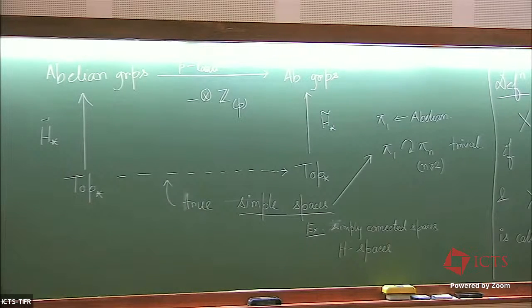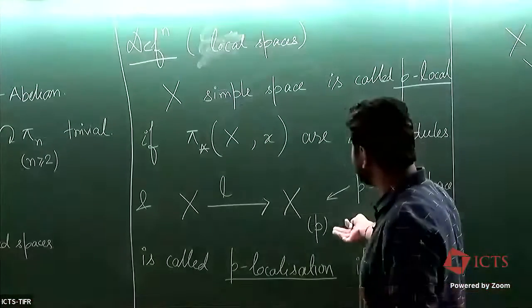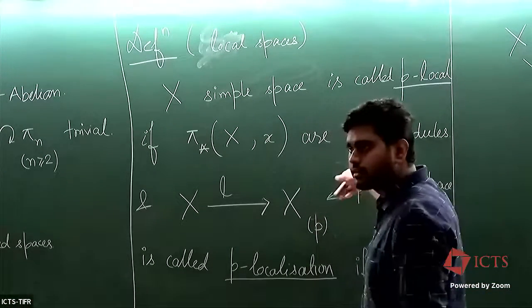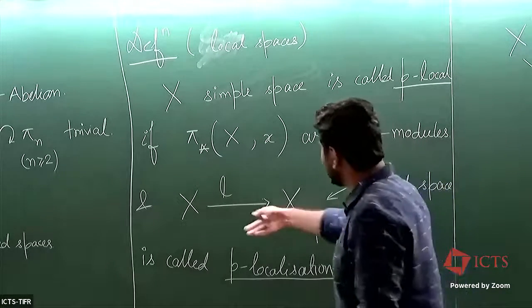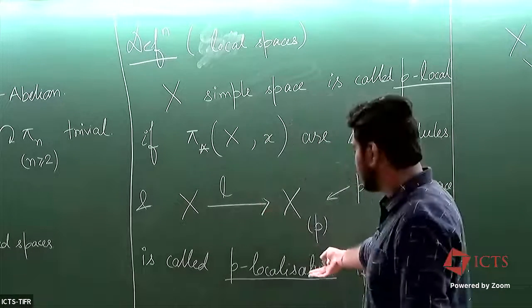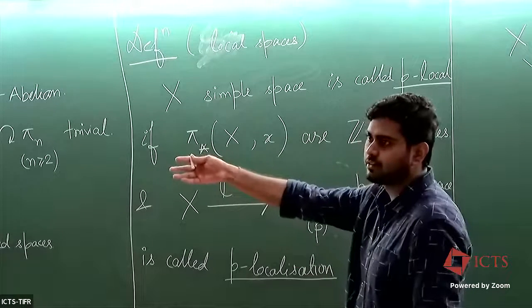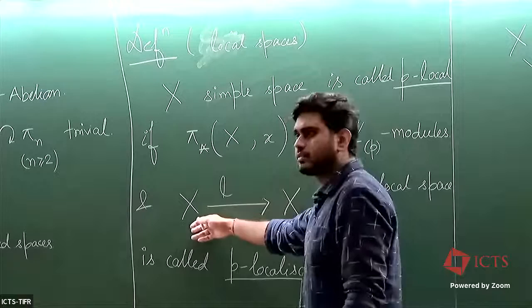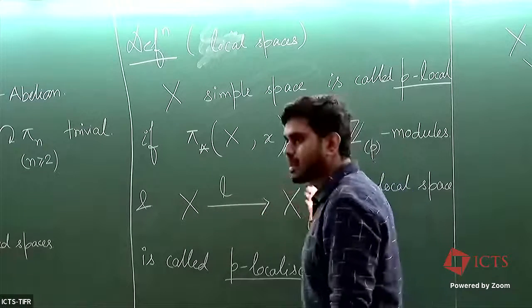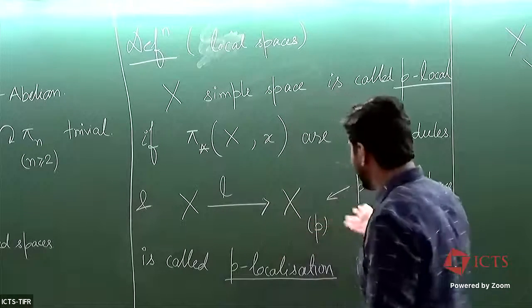I'm saying if a map like this, where the target is a P-local space, when is that map the localization map? We wanted to define what localization is, right? For any space X, when this map is a localization, that is what I'm giving.